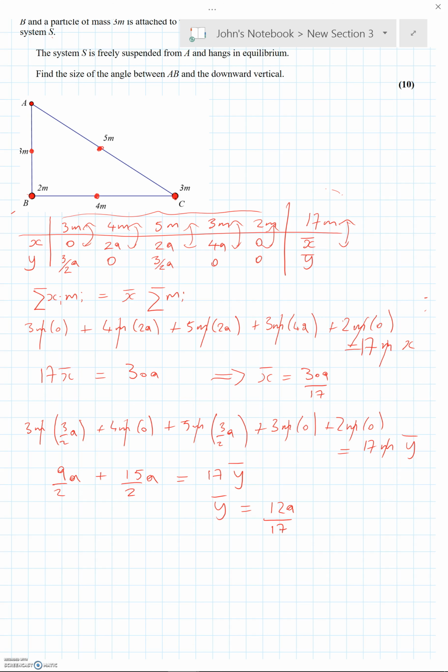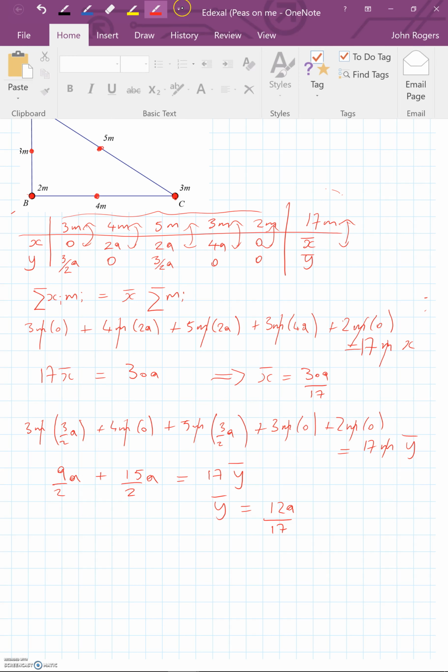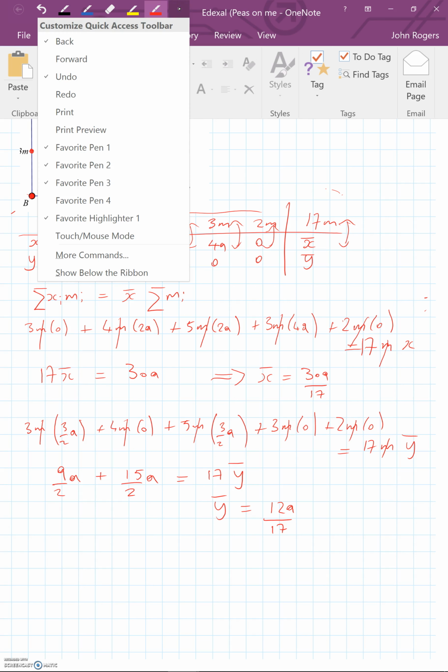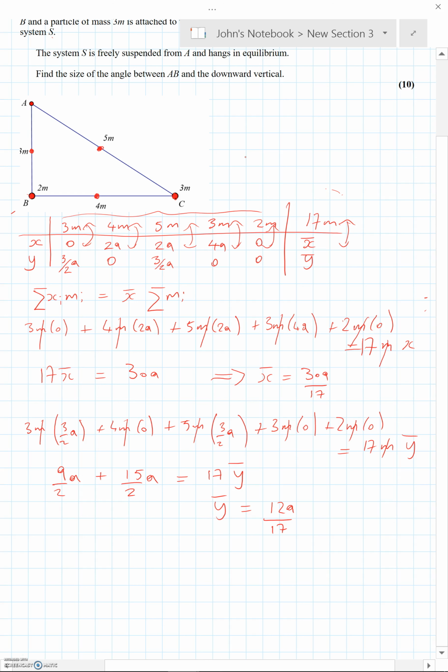Now, I'm going to use a diagram that we've had above. Okay, so let's just see if I can use the draw menu. Okay, let's just draw it on then. I can't find the draw button, doesn't matter. Okay, so we know the location of that.